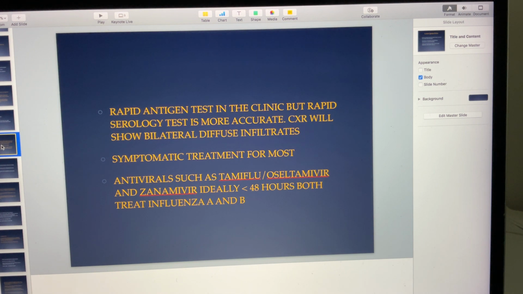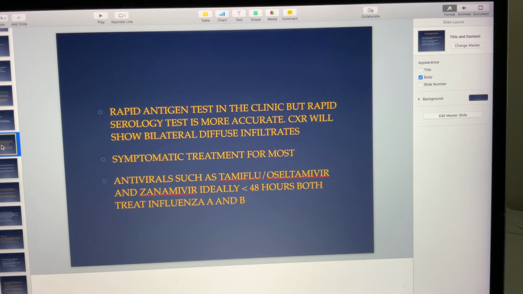And how do you treat flu? It's really mostly symptomatic. Okay? You address the symptoms that the patient is presenting with. Or you can do antivirals, such as Tamiflu. Okay? And ideally, you want to administer this medication in less than 48 hours.